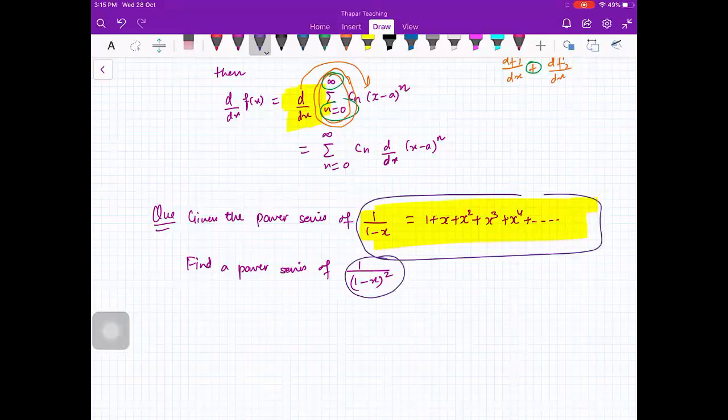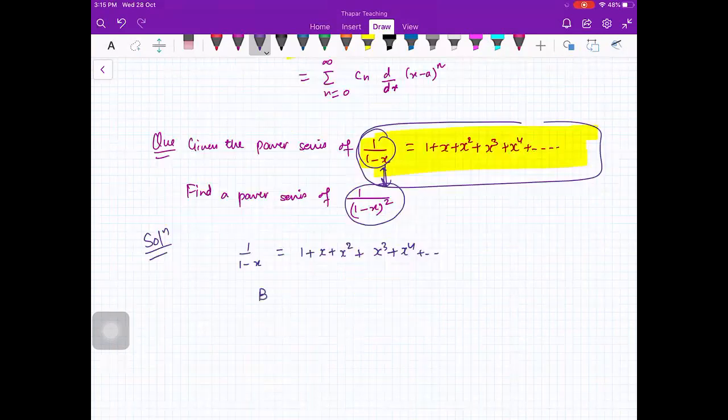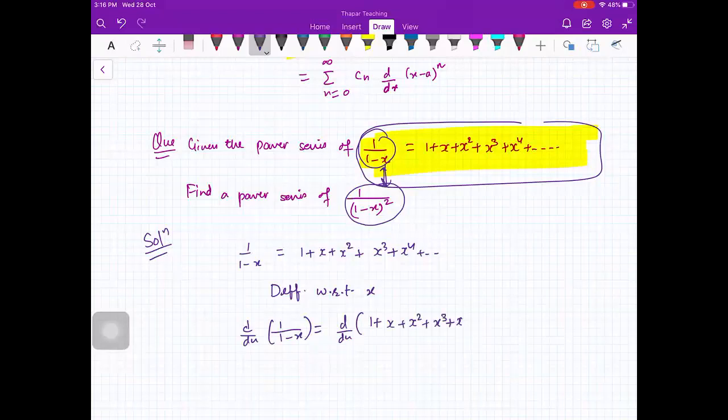So the power series is given and it is asked to find a power series of this. You can clearly see that if you differentiate this, you will get this. So you are given 1 upon 1 minus x is equal to 1 plus x plus x square plus x cube plus x raised to power 4 and so on. You first write: differentiate with respect to x. So you get dy by dx of 1 upon 1 minus x is equal to dy by dx of 1 plus x plus x square plus x cube plus x raised to power 4 and so on.